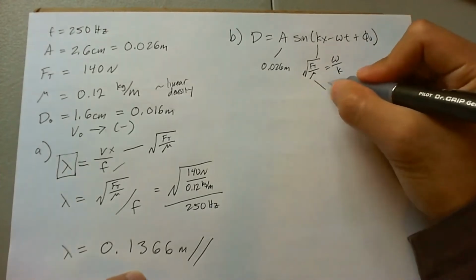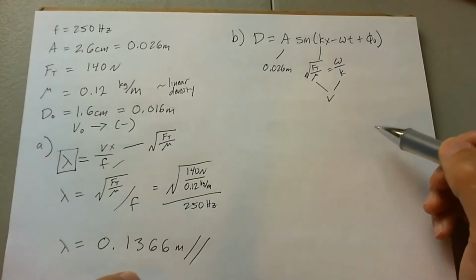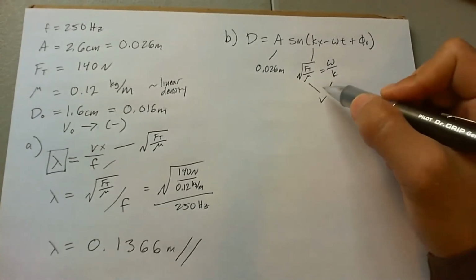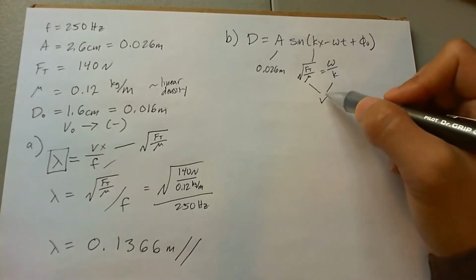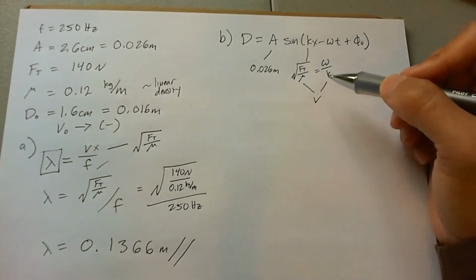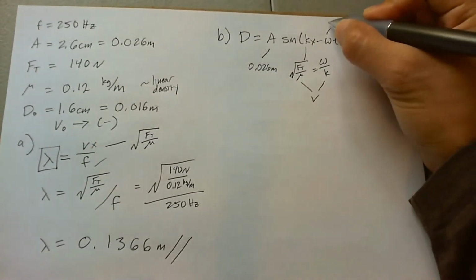Because these are both equal to the velocity function, you just link the two together. So we find k using the fact that we know the velocity now. Omega is given as 2 pi f, so if you know what f is, you know what omega is.